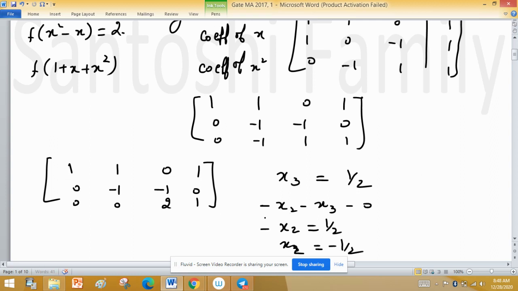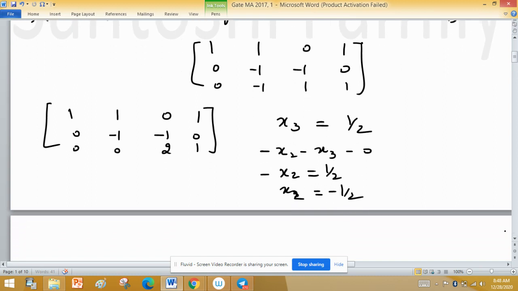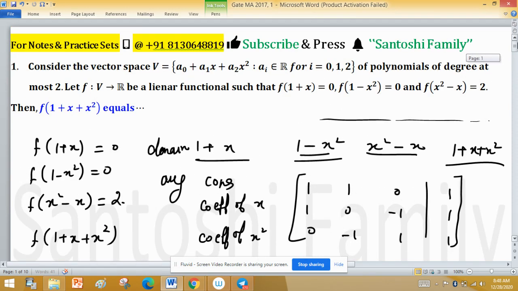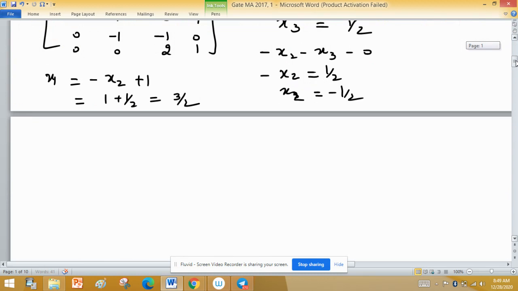And x1 equals minus x2 plus 1, which is 1 plus half equal to 3 by 2. So x1 equals 3 by 2, x2 equals minus half, and x3 equals half.